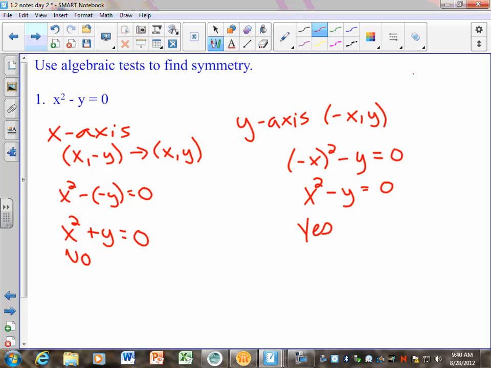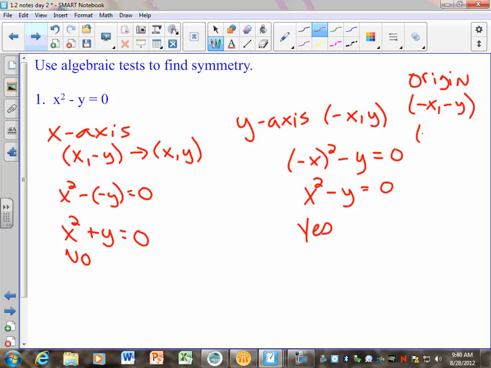Okay, we'll just show origin. We've got to change both of them. If you plug in a negative x and a negative y, are you going to get back the same equation? I already did it over here, that when I plugged in a negative y, it changed that. Definitely by the time you get to the origin, you shouldn't have to show a lot of work there.